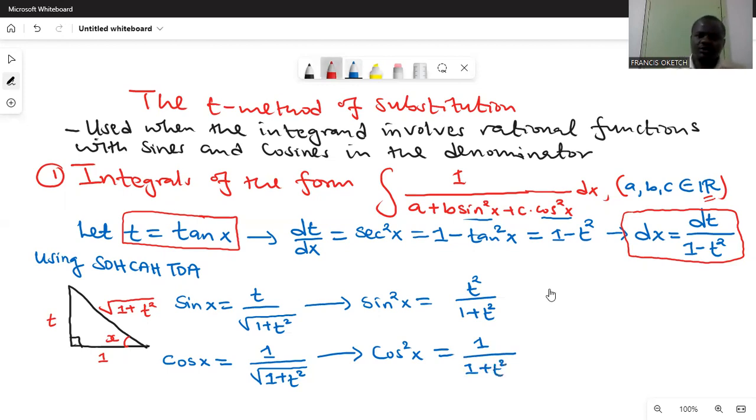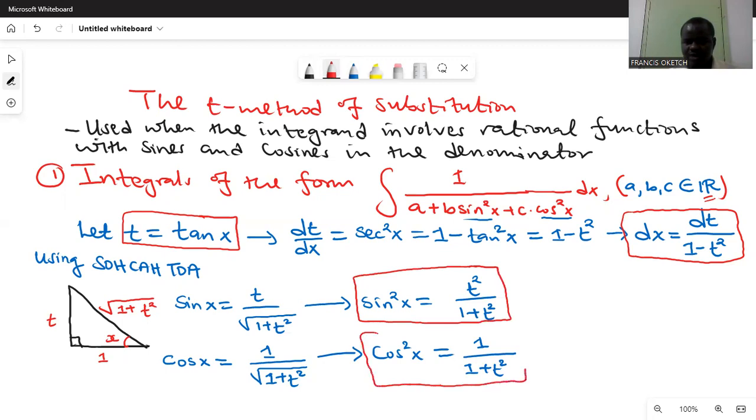So now we know what we need to substitute in place of sine squared x and also cos squared x. You see, we have expressed sine squared x in terms of t and cos squared x in terms of t. And we also know dx in terms of t.